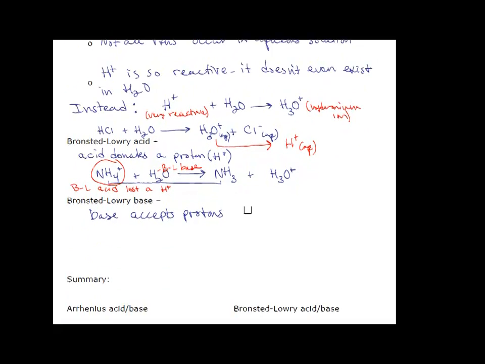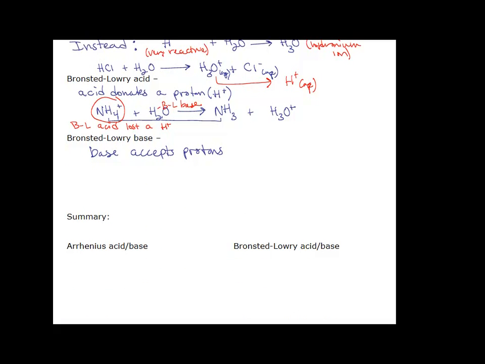So in summary, your Arrhenius acid will produce hydrogen ion, and bases produce hydroxide ion. In the Bronsted-Lowry definition of acids and bases, acids are proton donors, while bases are proton acceptors.